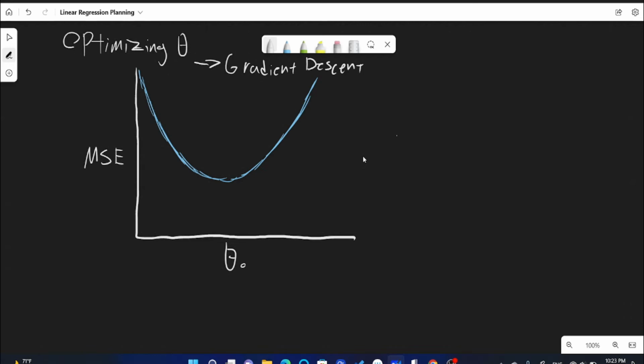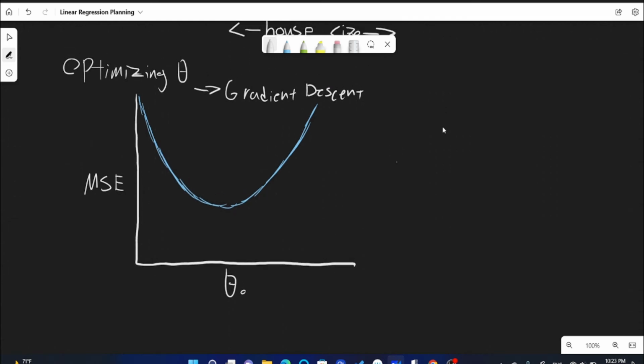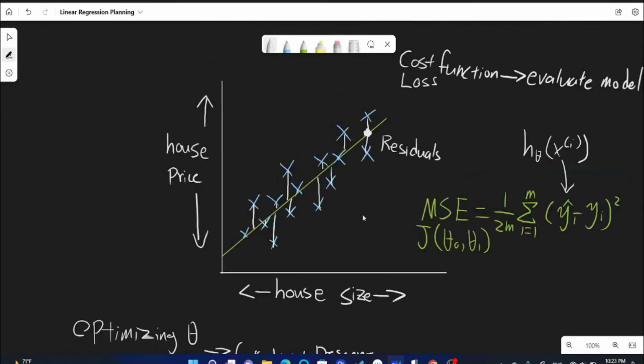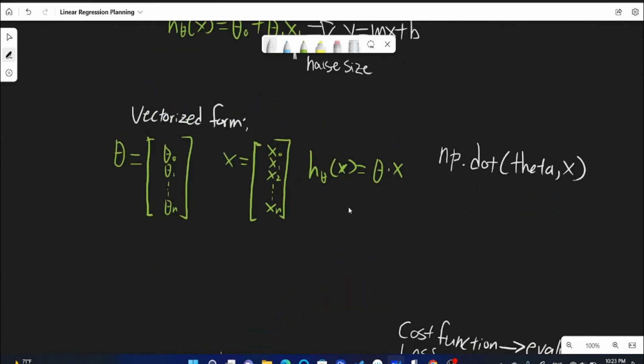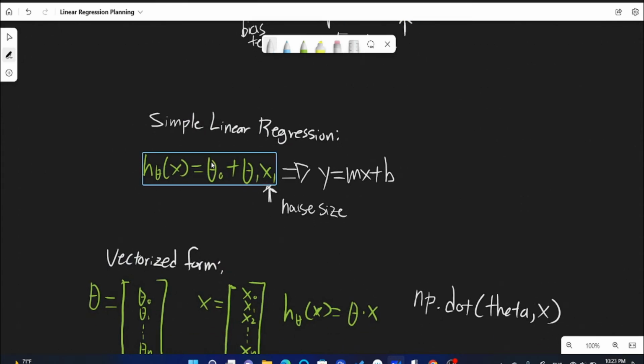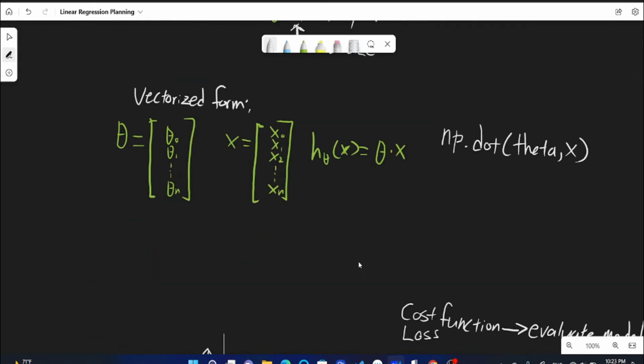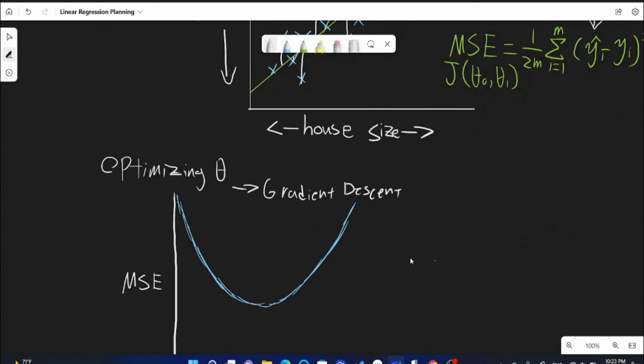So what is the gradient descent used for? So here I have theta 0. If you don't remember what theta 0 is, let me go back up. Oh, by the way, I'm doing this for simple linear regression, this model here, right? So we only have theta 0 and theta 1, right? We know x1 because we have house size, right? So we're good with that.